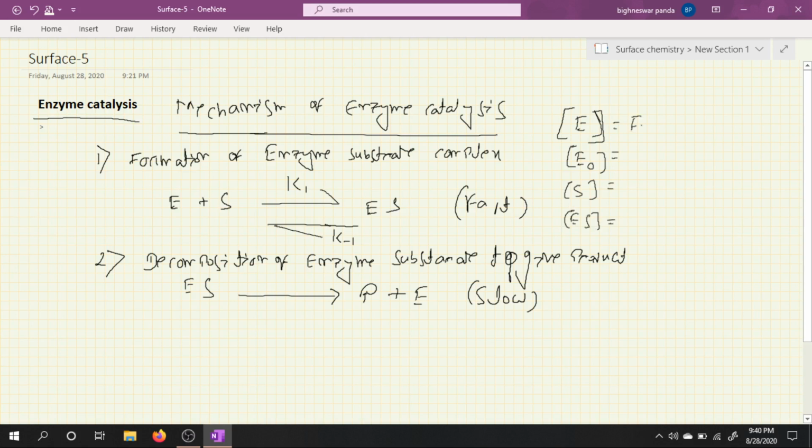E is the free enzyme, the enzyme available for formation of enzyme substrate complex. E naught is the total enzyme, S is the substrate, and ES is the enzyme substrate complex.